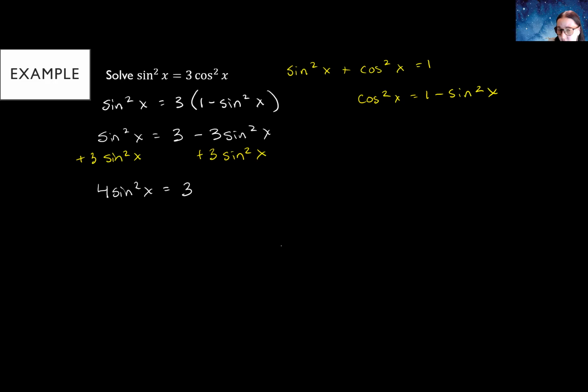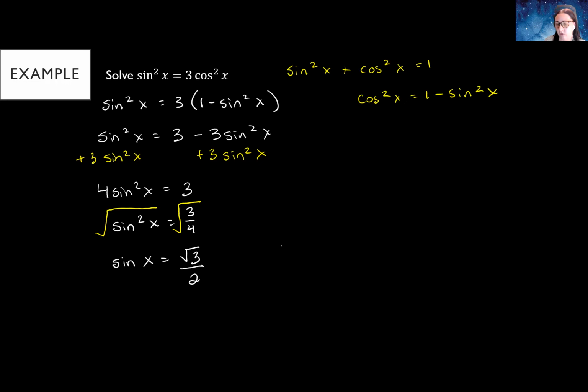So now you're going to divide both sides by 4 because we just want sine squared x. And so that's going to be equal to 3/4. Now we're solving just for sine. So if you've got it squared, you take the square root of both sides. So you're going to take the square root of sine squared x and then the square root of 3/4. So this will give you sine of x equals the square root of 3, and then square root of 4 is 2.